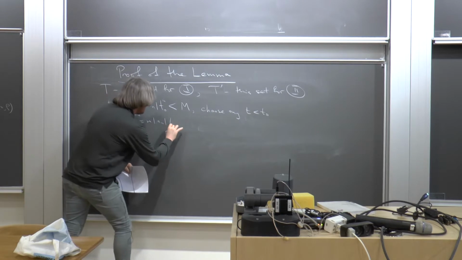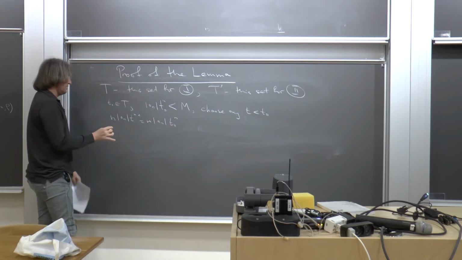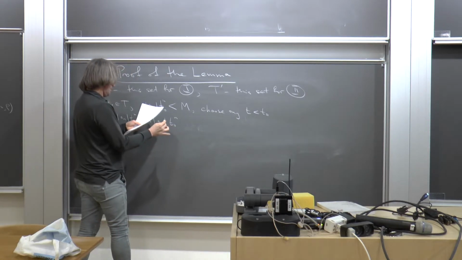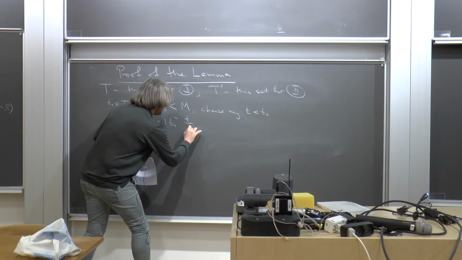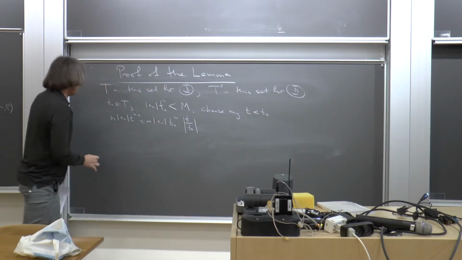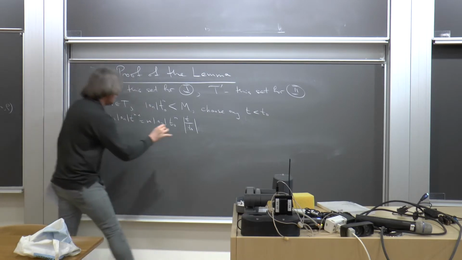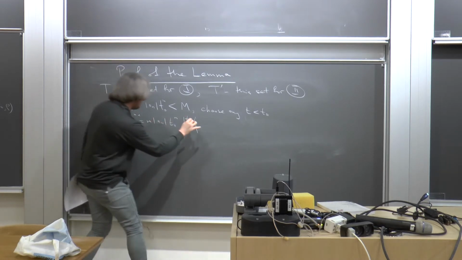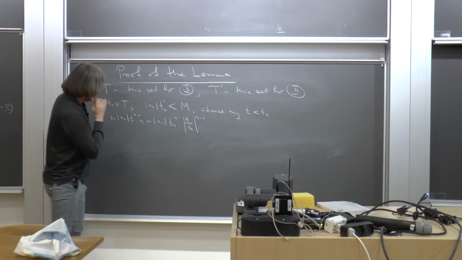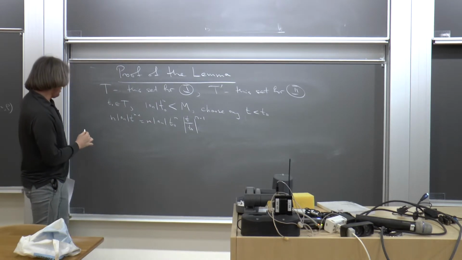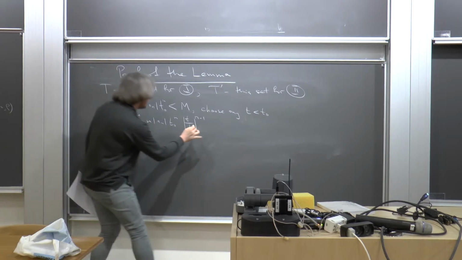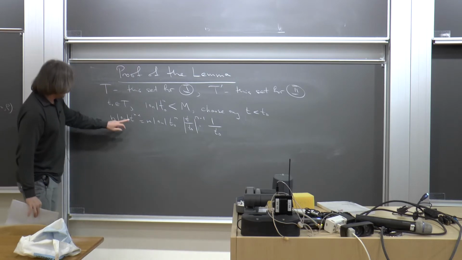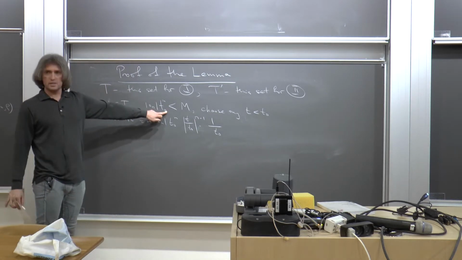Then t node to the n, then t node to the n minus 1, and then we have extra t node, so times 1 over t node. Notice that t is arbitrary, but t node we fixed.